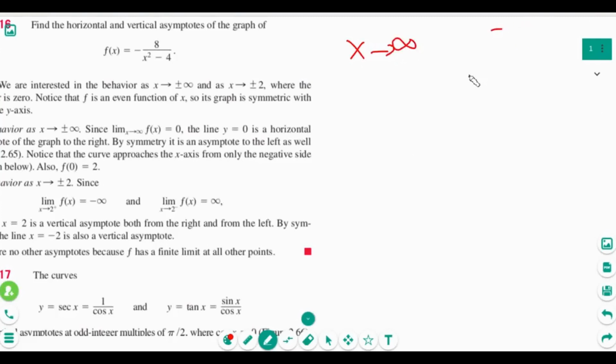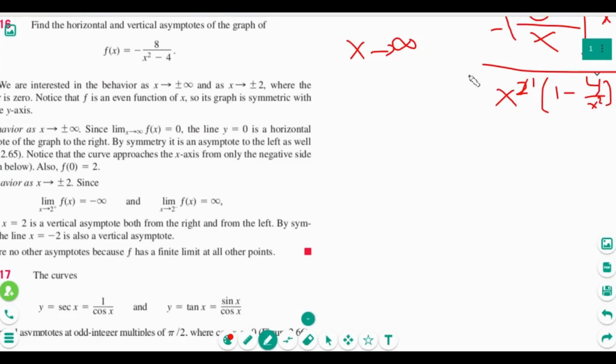Then minus 8 by x square minus 4. This is 8 by infinity, which is 0, and 0 divided by infinity is 0 only, because this is 0 minus 4, and this is infinity.